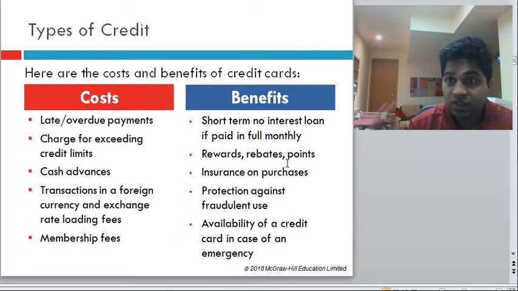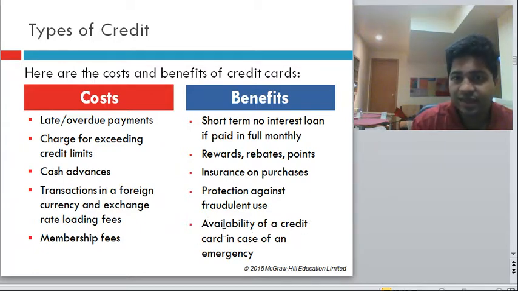But most of the companies have their own policies, so you're not liable to pay anything. Legally it is $50, but most of the companies like Visa and MasterCard cover all the frauds. So I'm not even required to pay that $50 most of the time.